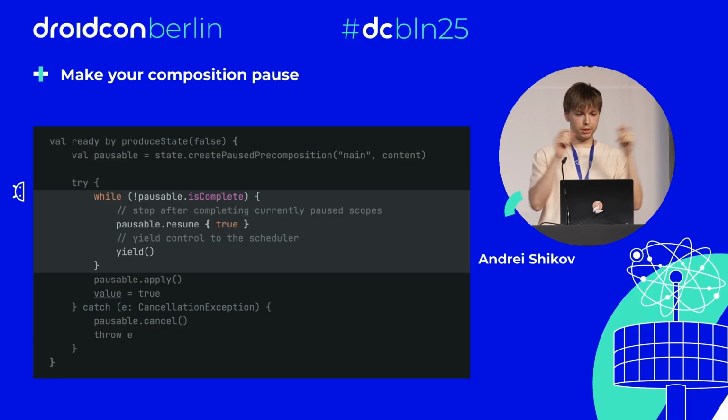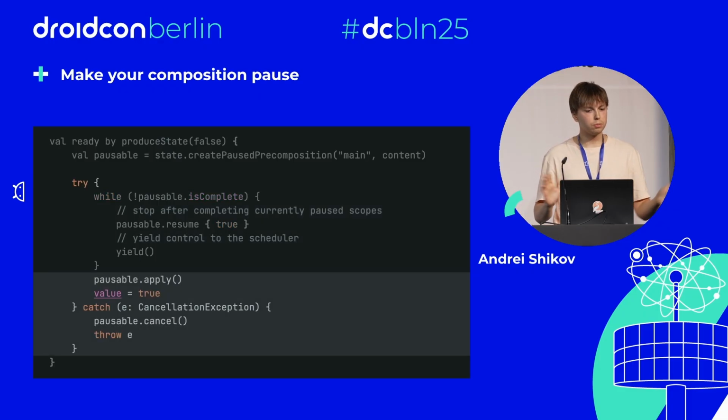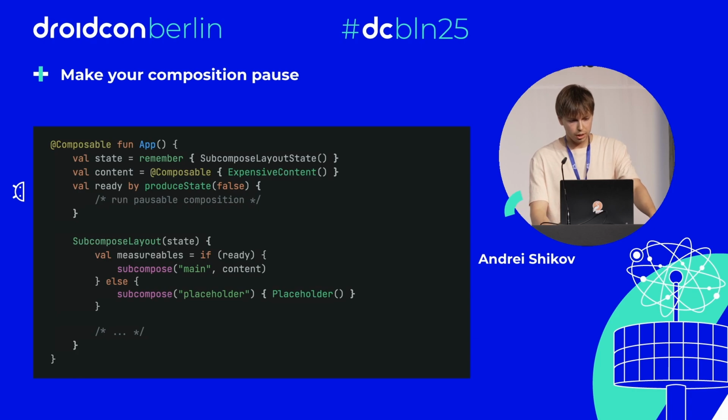And after I complete the current iteration of the composition, I'm just going to yield control to the scheduler, basically saying, if you have something to do on the main thread, please do that, and then we will continue prefetching the item. And when we're done with it, we just apply it. Or if we encounter cancellation from the coroutines, we just cancel the composition. And with that, we basically have our content pre-made for us, prefetched for us.